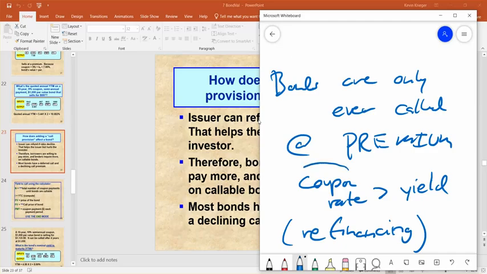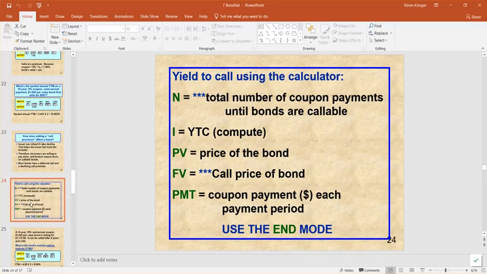The coupon rate the company pays is locked in, but market rates change all the time, up and down every day. If yields go down, that makes your bond a premium bond, and sometimes the company can refinance, and mathematically it behooves them to do so. That only ever happens when the bond sells at a premium.